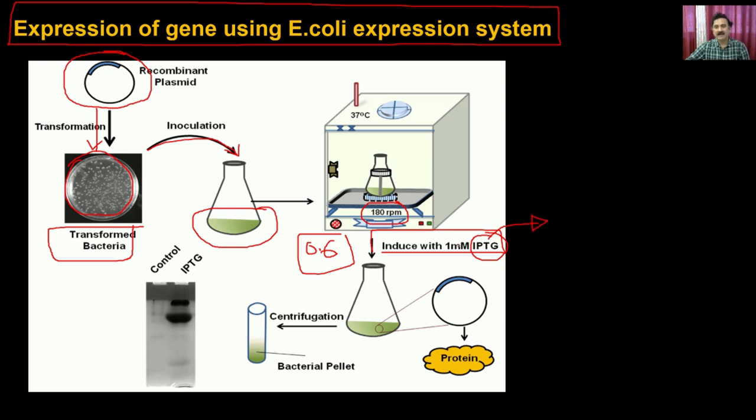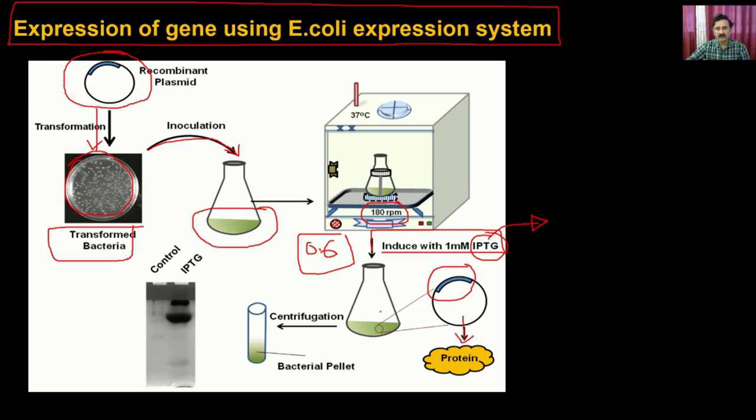Once you add the IPTG, it induces the RNA polymerase to sit onto the promoter, and that's how it starts forming the messenger RNA. As soon as the messenger RNA is formed, and E. coli is a prokaryotic system, the translation also starts, and that's how the protein production starts as soon as you add this inducer. That is going to generate the proteins.